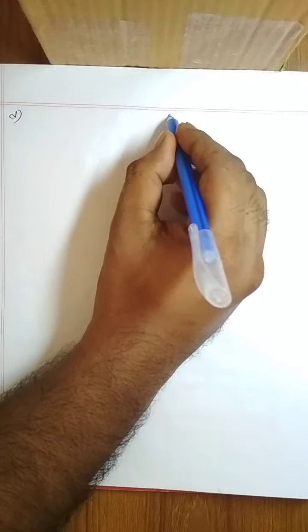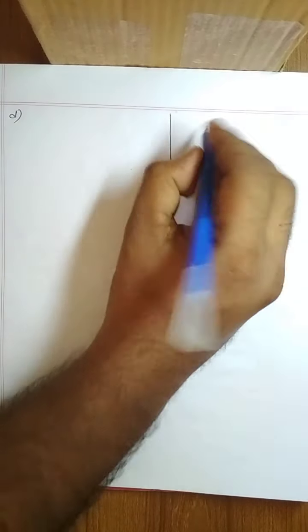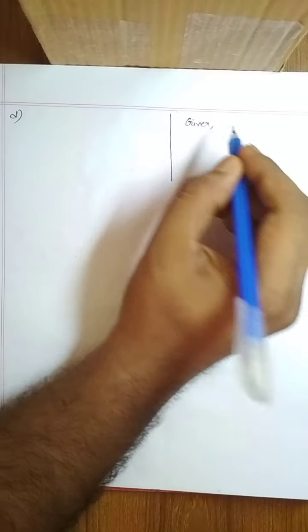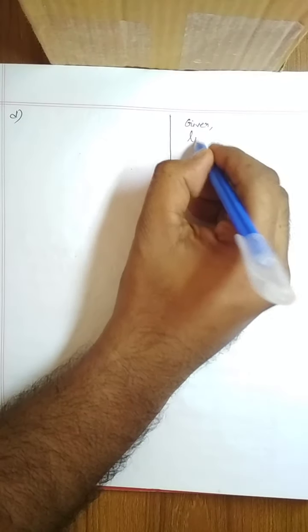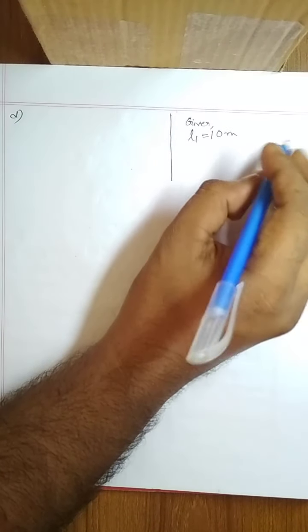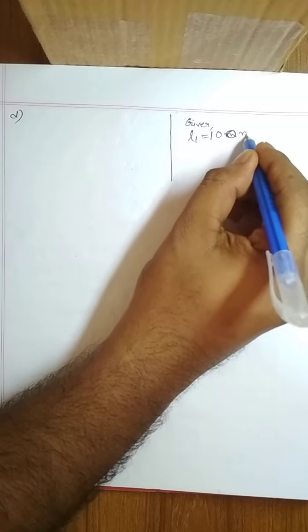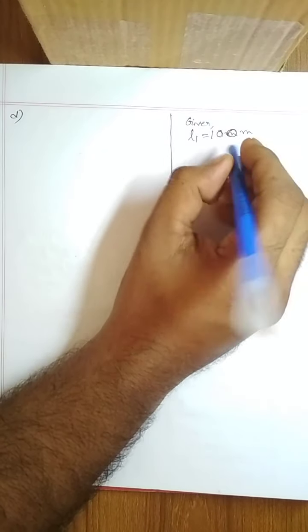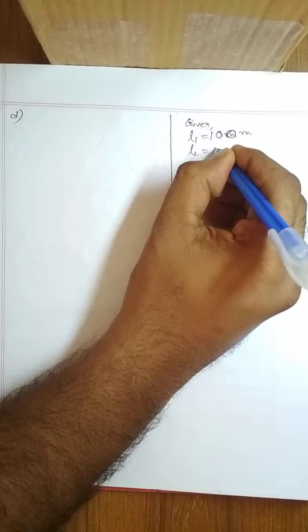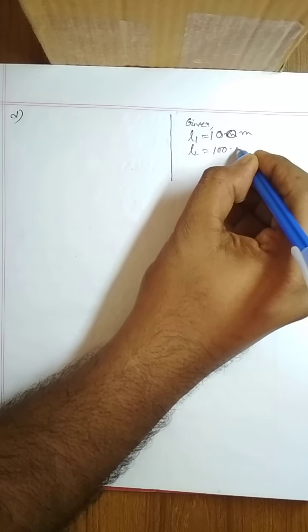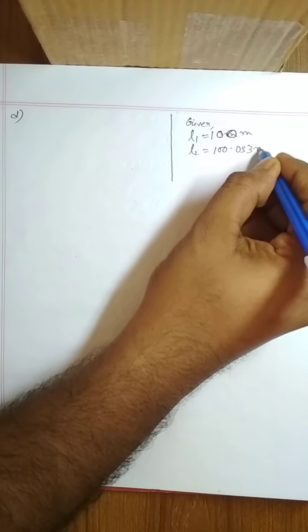Now D. Well, here given L1 equal to 100 meter, my mistake, L2 equal to 100.033 meter.